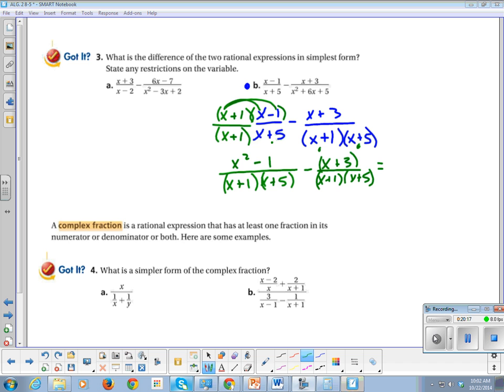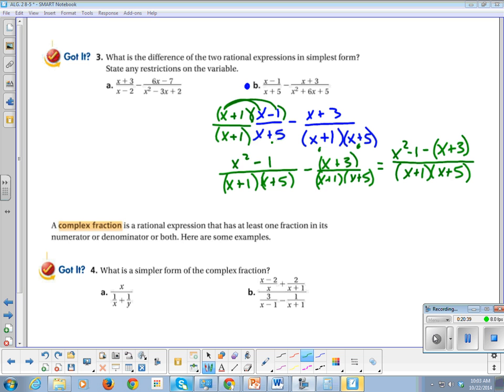Okay, so one thing to be careful about when you have subtraction: make sure you put parentheses around everything that is behind the subtraction. So x squared minus 1 minus the quantity x plus 3.